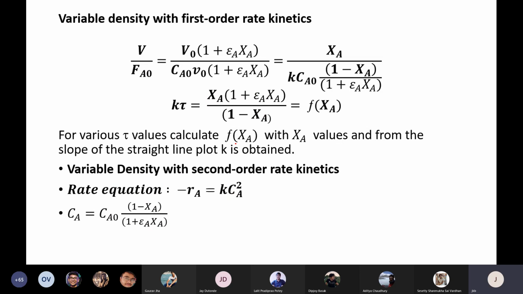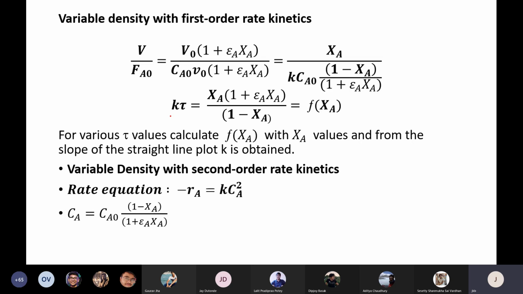And for variable volume reaction, only use the expression for V0 multiplied by 1 plus epsilon XA. Both the volumes will be corrected, V0 multiplied by this term and small v0 multiplied by this term, and the right hand side will be this.